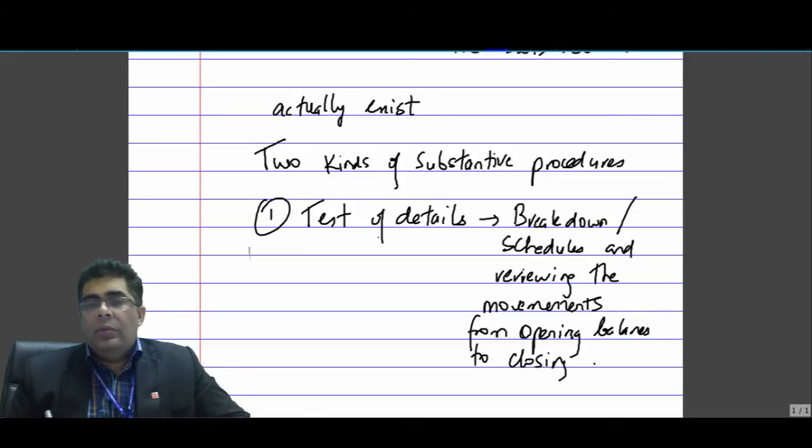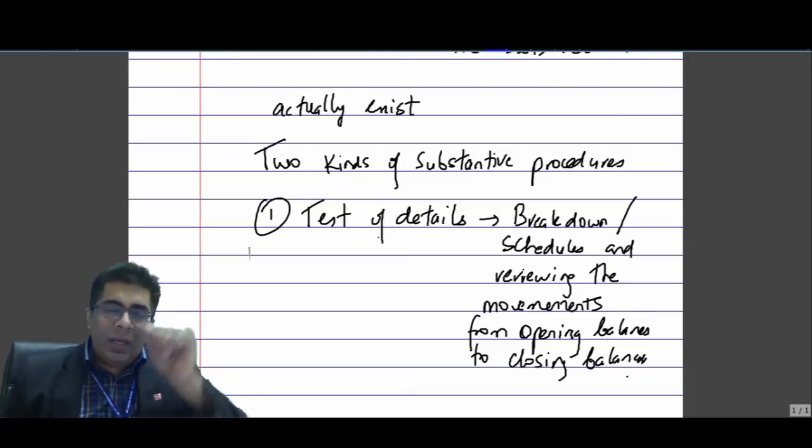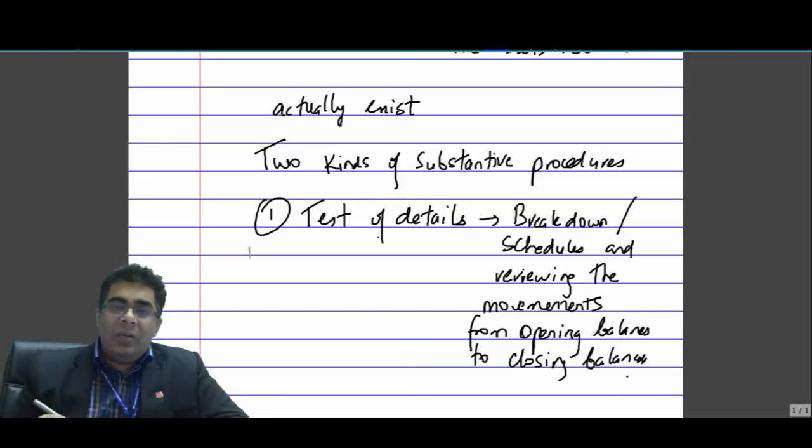Yeah, so for example, if you are doing a test of details on the non-current assets, then you will ask, can you give me the schedule of the non-current asset, which means they will tell you the opening balance, then all the new assets that you have bought during the year, and then all the assets that you have disposed during the year, and finally that will arrive at your closing balance.